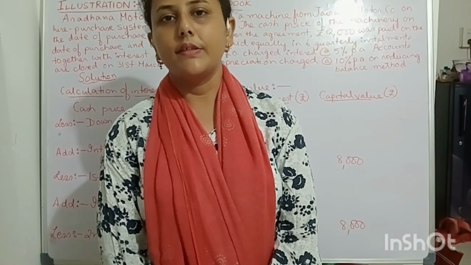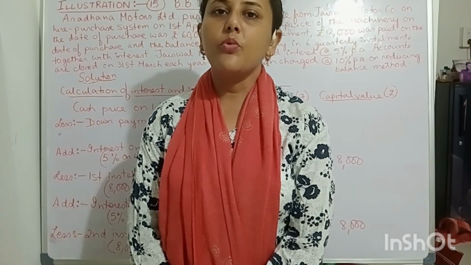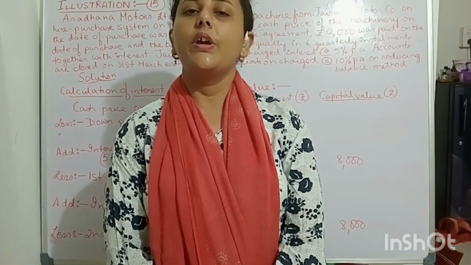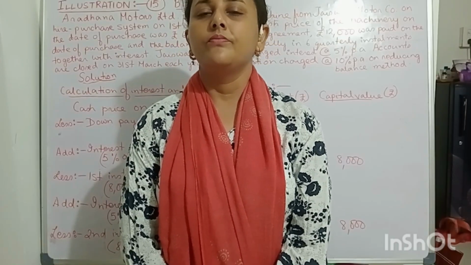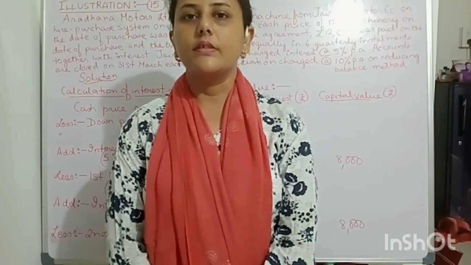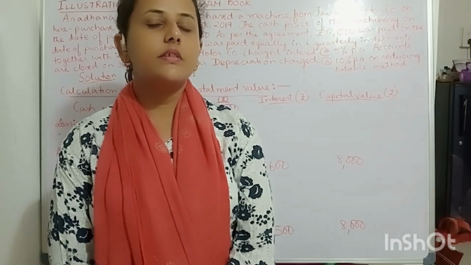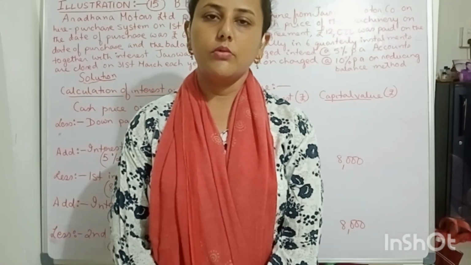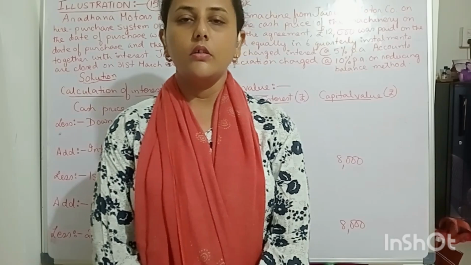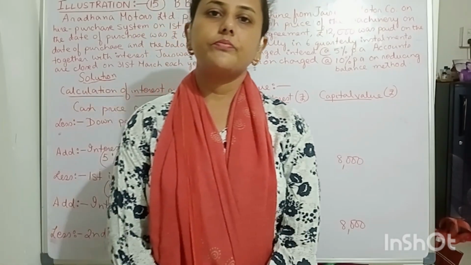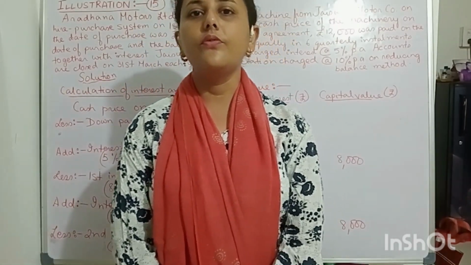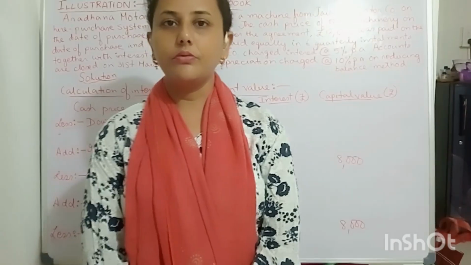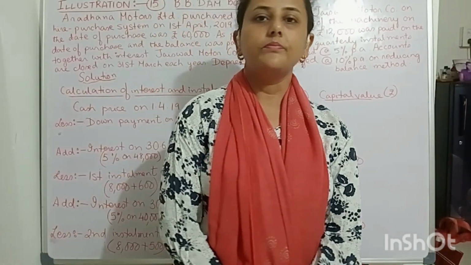Today I am going to teach you when installments are paid on a quarterly basis. Interest is not given, you have to calculate the amount of interest as well as the amount of each installment.